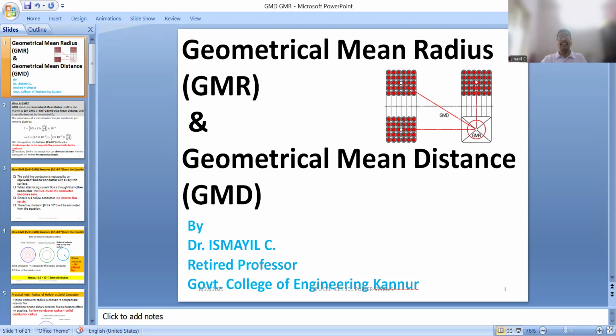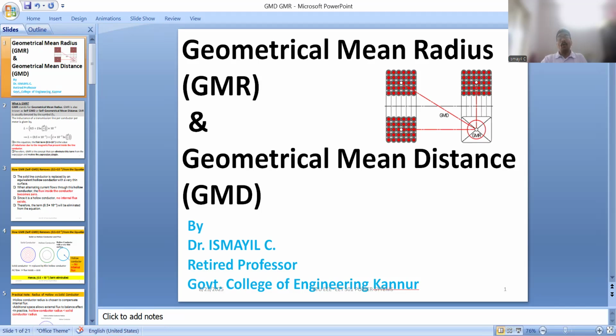In such a hollow conductor, if an alternating current flows, the flux inside the conductor will become 0, and we all know that it is due to skin effect.